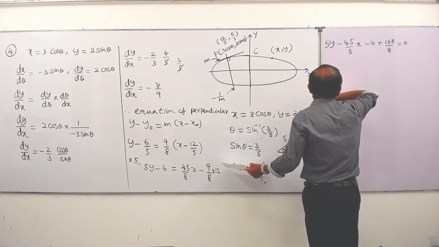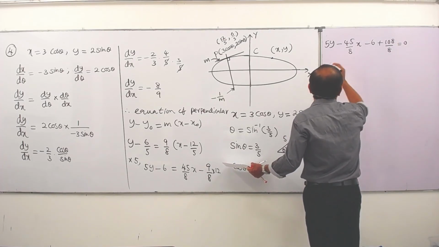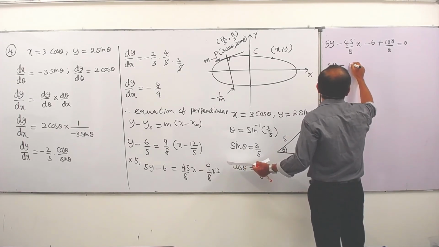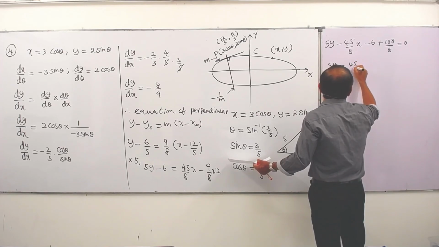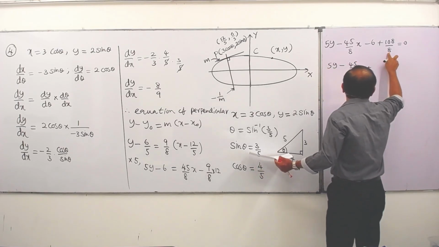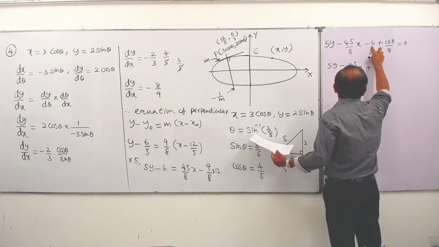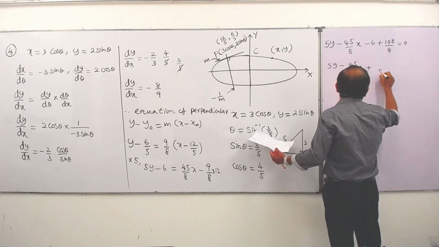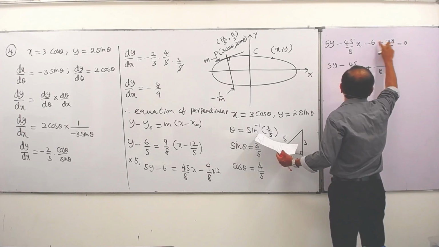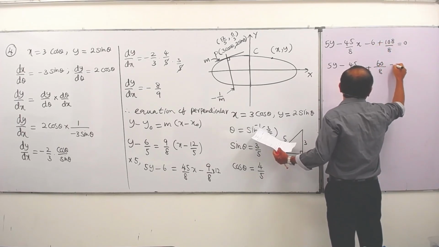Now we can simplify this. 5y minus 45 over 8 x. Taking the common denominator 8, here minus 48. 108 minus 48 means 60, equals 0.